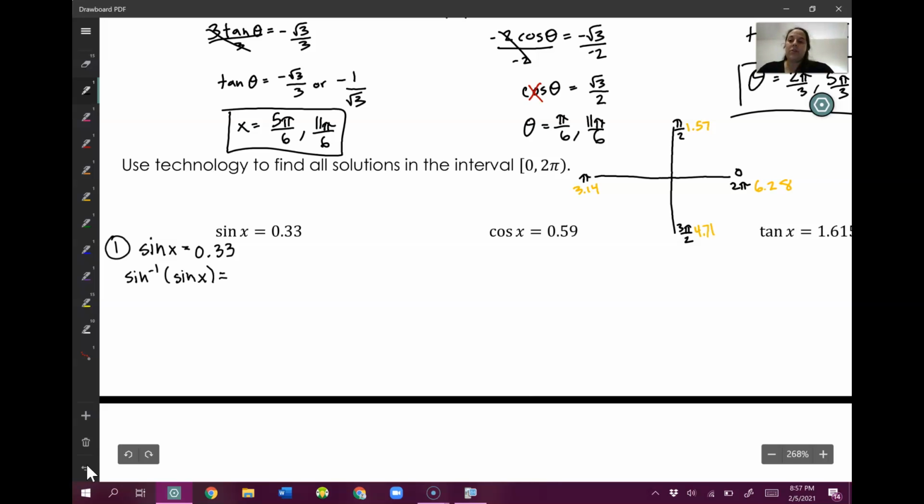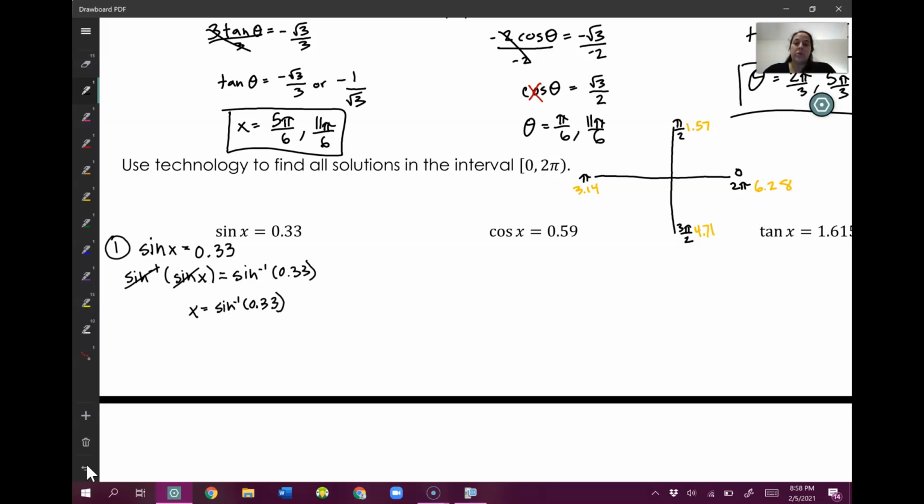And that inverse sine button is the opposite of sine, meaning they cancel each other out and now x is by itself. But what I do to one side, I had better do the other side. So I get x equals inverse sine of 0.33.